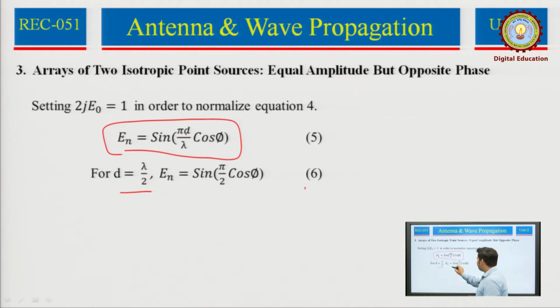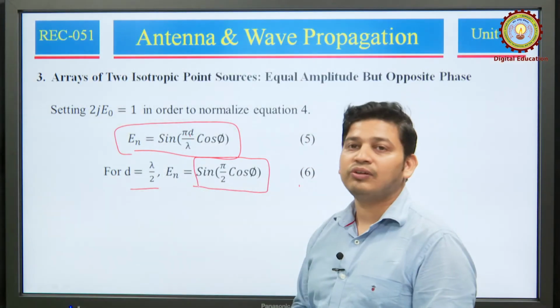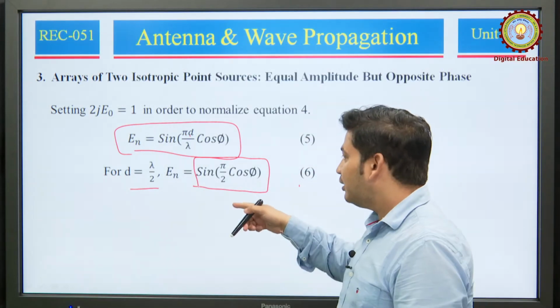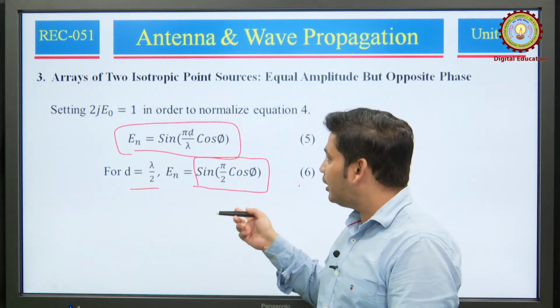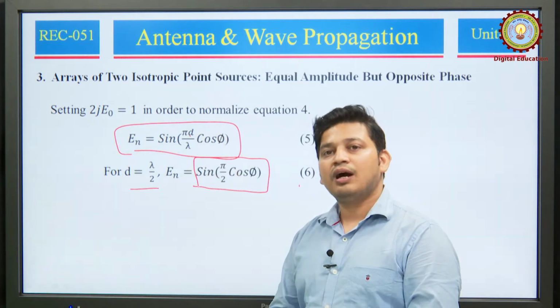This way we simplify our expression into the sine of something. Again, we have to plot this normalized field, the radiation pattern or electric field pattern of these two sources having opposite phase.